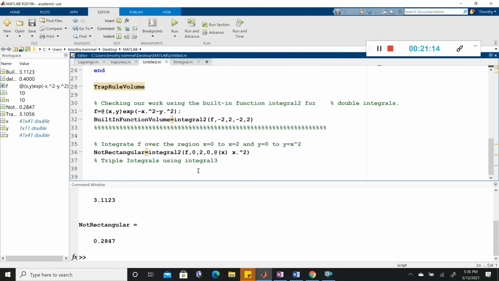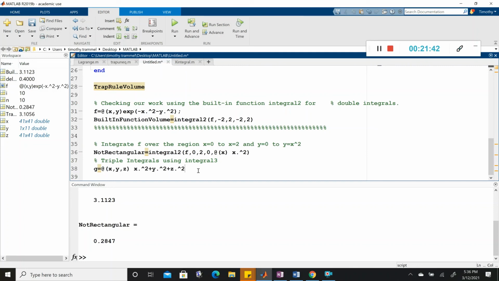And I also want to point out that there is a built-in function for triple integrals. You might imagine it is integral3. I have another function here for us just to test out. So we have x, y, z, and then we're going to have x squared plus y squared plus z squared.